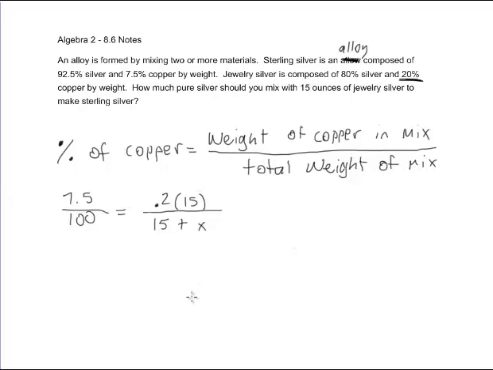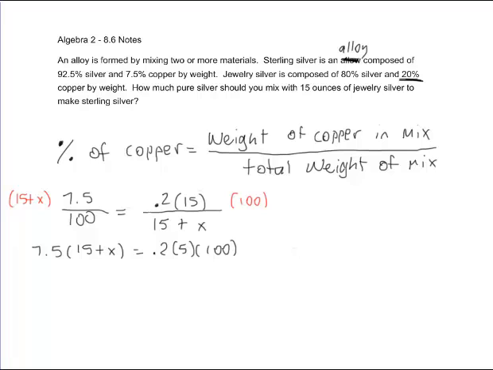Okay? And so what you're going to end up with is this fraction right here, and we're going to cross multiply, which means that I need 100 on this side, and I need 15 plus x on the left. Use your parentheses so that you don't make a mistake, and you're going to have 7.5 times (15 plus x), and that's going to be equal to 0.2 times 5 times 100.